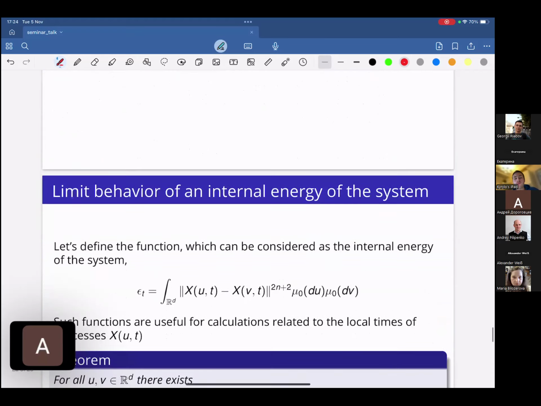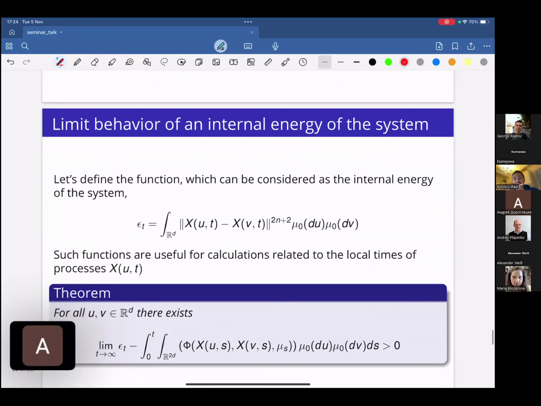And also, using a similar idea, we can consider a slightly different norm. Previously we considered just such a norm, but now we can integrate it over du and dv.